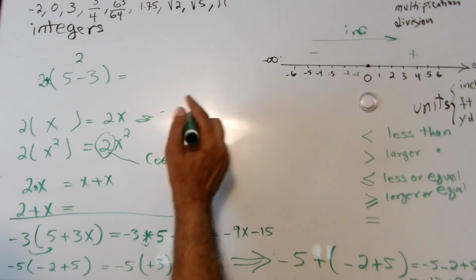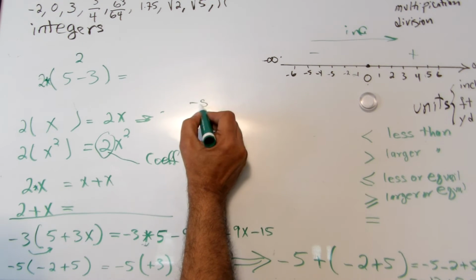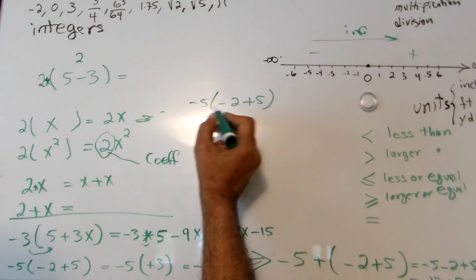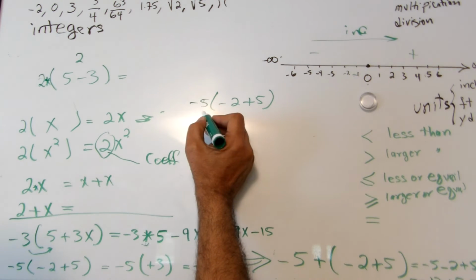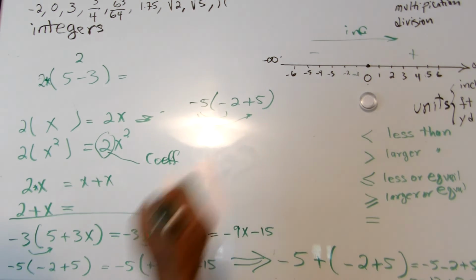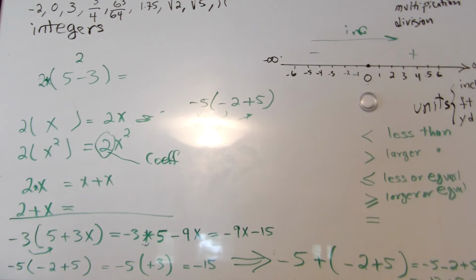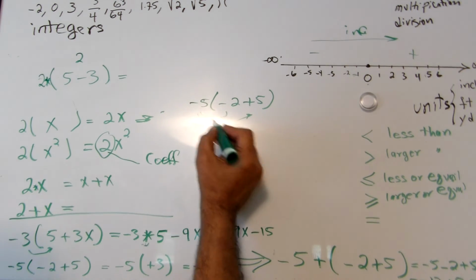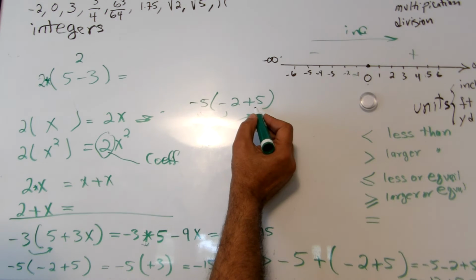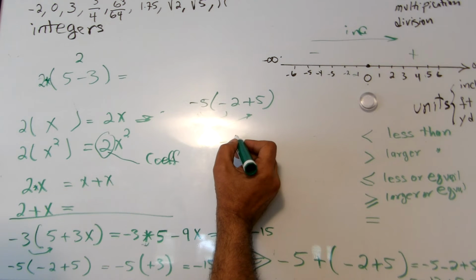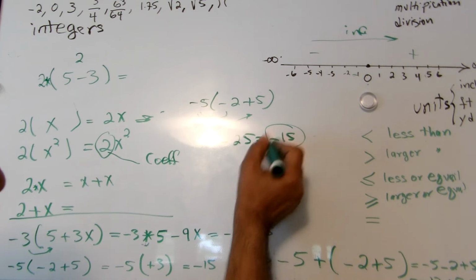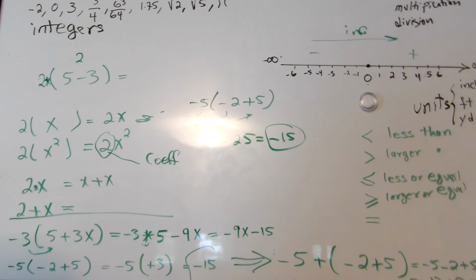We can multiply here, minus 5 times (minus 2 plus 5). You can multiply this way: minus 5 times minus 2 is 10, and minus 5 times plus 5 is minus 25, which is minus 15. See? The result is the same.